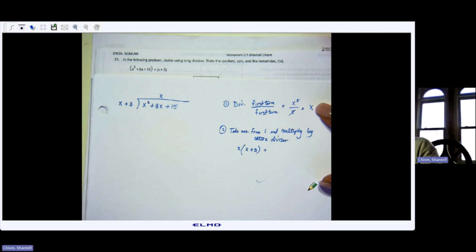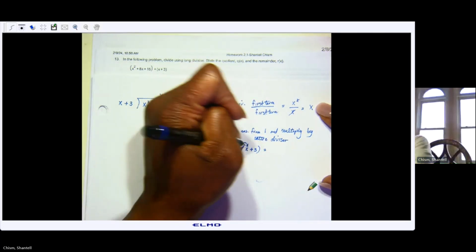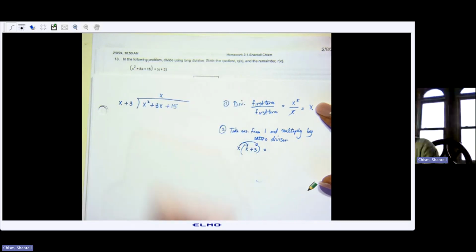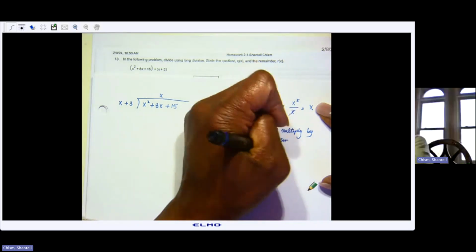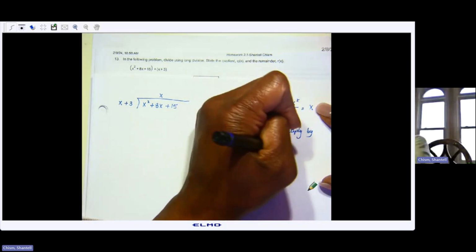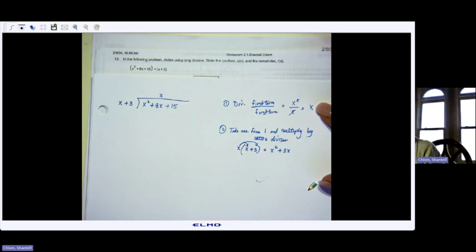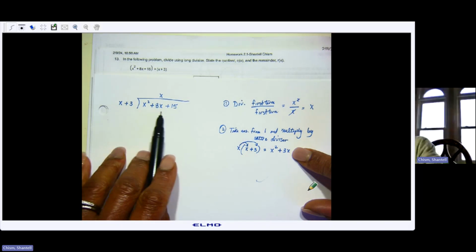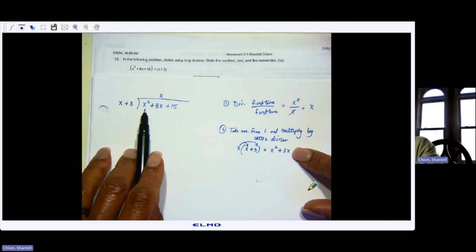So when I multiply, notice that I did put that in parentheses because I have to use the distributive property. So you've got x here that you're going to multiply with, and then x times the 3 as well. So x times x gives you back the x squared, and x times 3 gives you plus 3x. Okay? We're going to take that answer and we're going to write it right below x squared plus 8x.